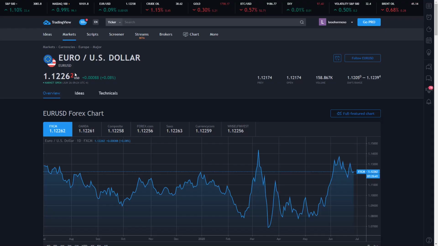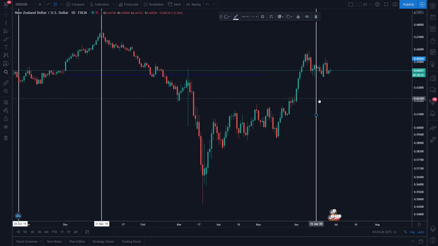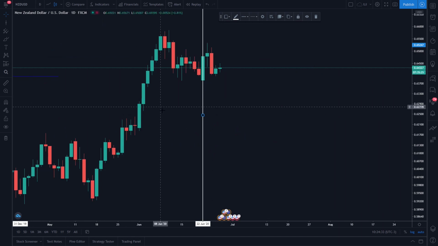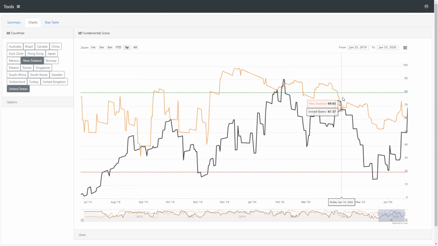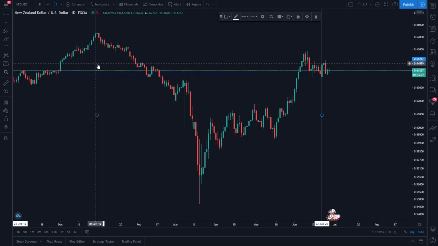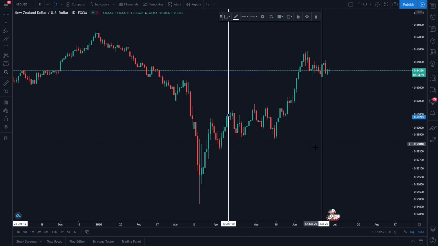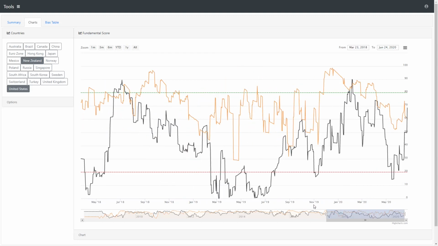So let's see NZD/USD. Yes, it's here. According to our fundamental score, we are expecting the NZD to go down, and after the last cross, when the United States went below New Zealand again, that was on the 11th of April, we found a small consolidation, but after that the price went up again.